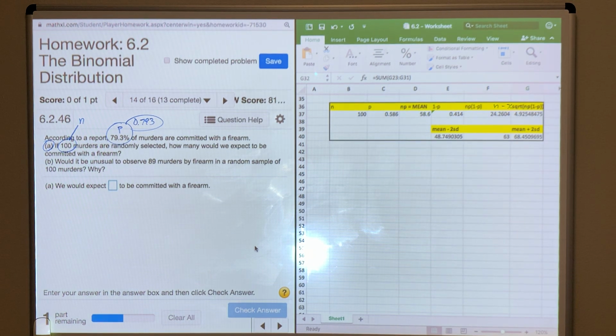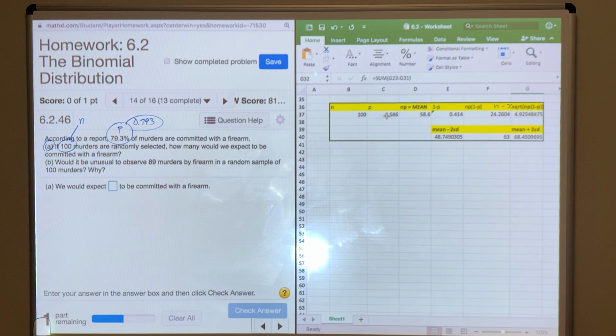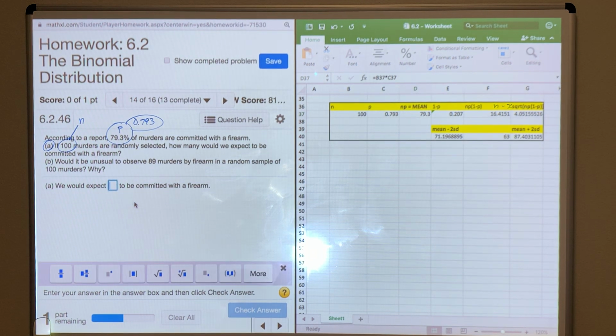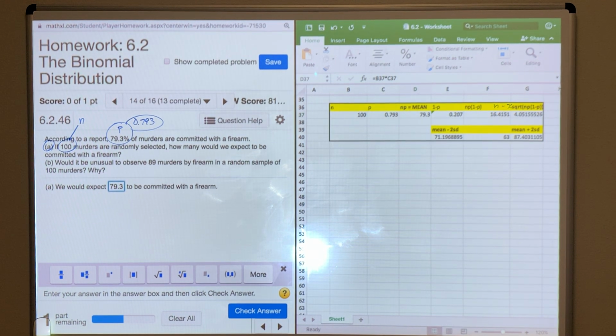So all I have to do there, if I want to know what we would expect, just like we did in previous problems, if we already know the probability and we have a certain number n, I'm going to come over to my spreadsheet because I want to show you here. What's my n? 100. What's my probability? Well, mine's 0.793. So my expectation would be I would have 79.3 of those 100 murders committed with a firearm.